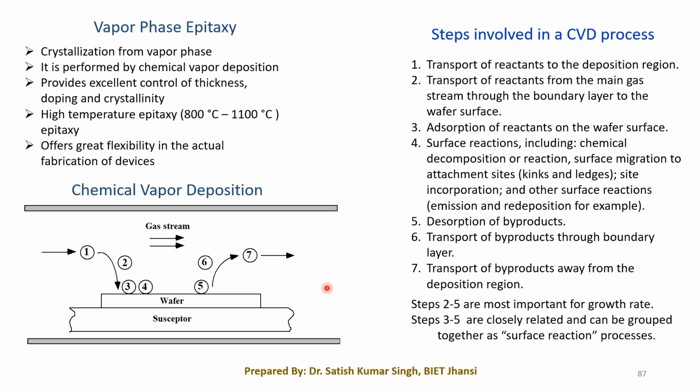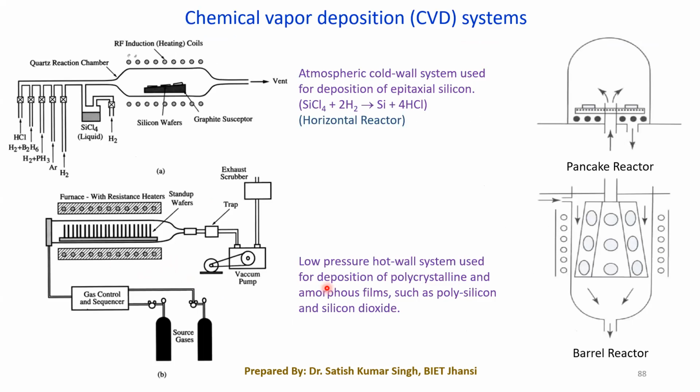Now I'll explain a more detailed structure of these types of systems. This is our atmospheric pressure CVD reaction chamber. In this chamber we have a graphite susceptor, which has a little tilt; it is not perfectly horizontal.